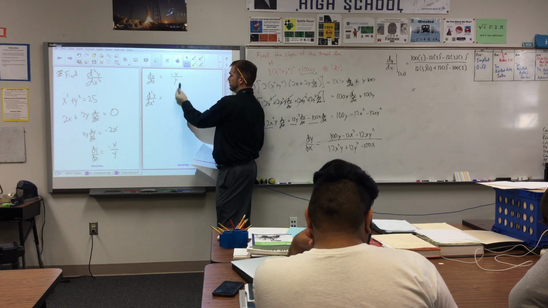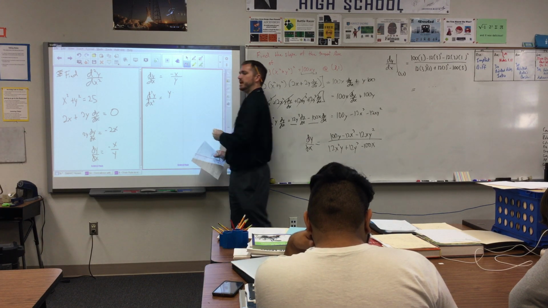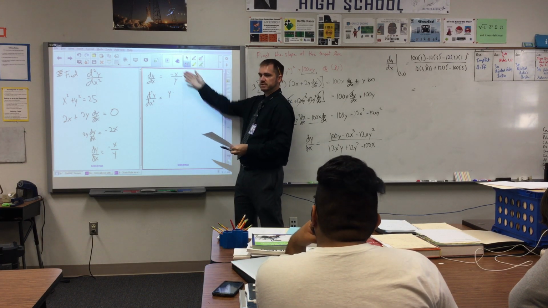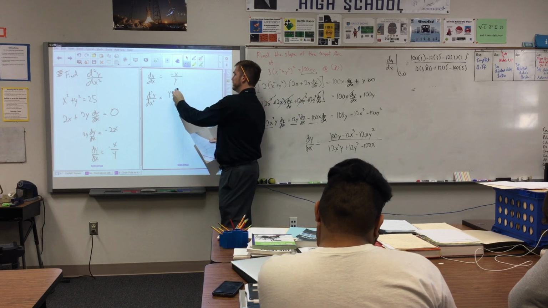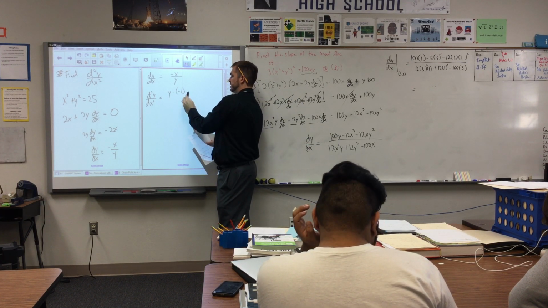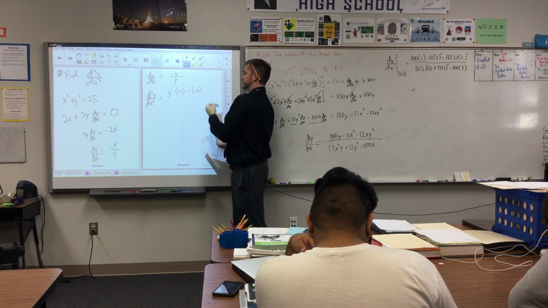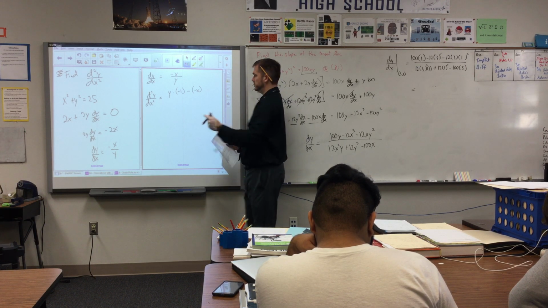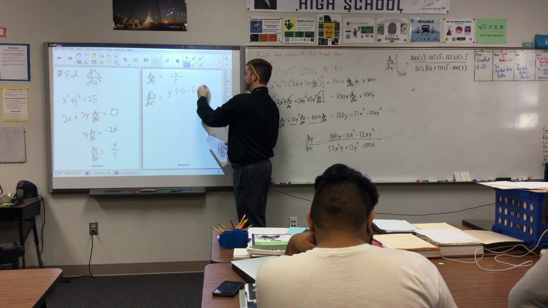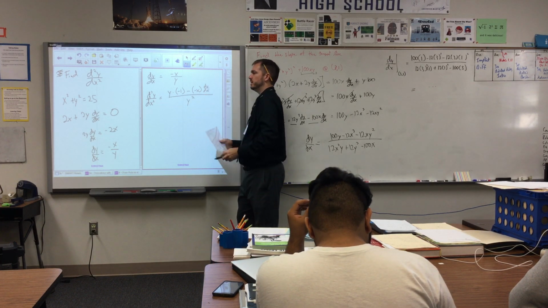So low, which is y, d high, what's the derivative of negative x? Minus high, so negative x, d low, what's the derivative of y? dy over dx. Over low squared we go.